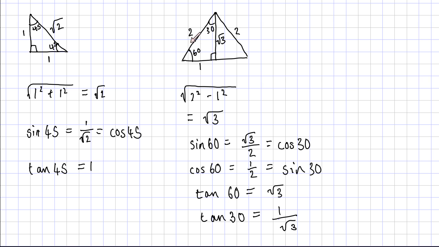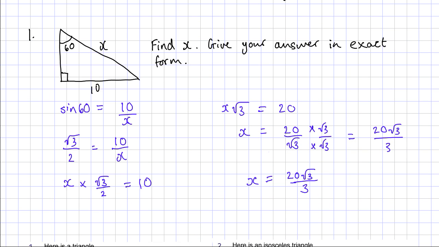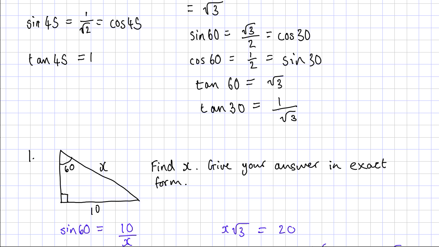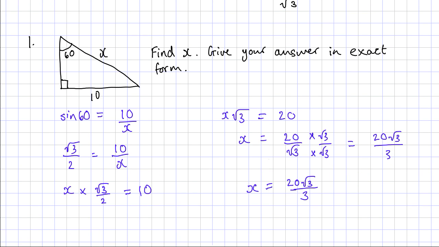So remember how to construct these triangles, find your values, and then use a substitution in a question similar to this. We substituted root 3 over 2 for sine 60 here. If it was a different question, maybe you would choose a different thing to substitute. Maybe if we were working with cos 60, we would be substituting a half.